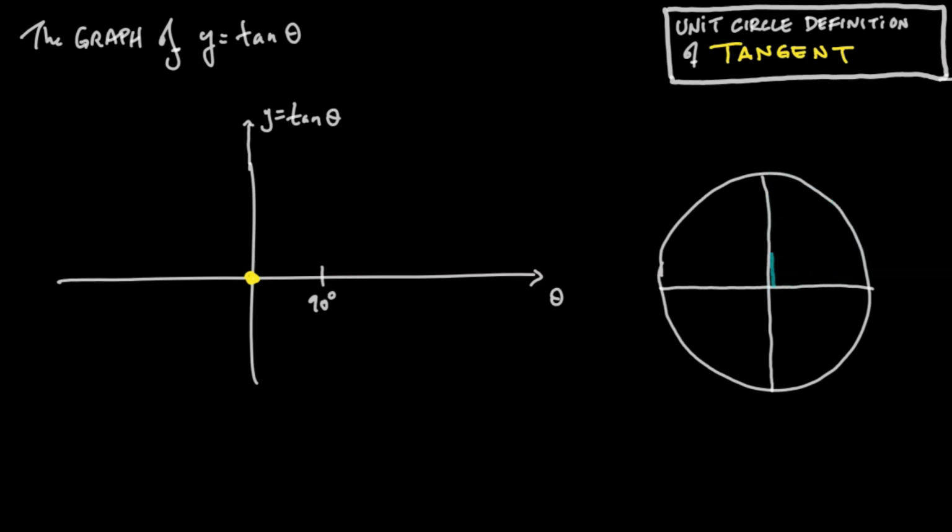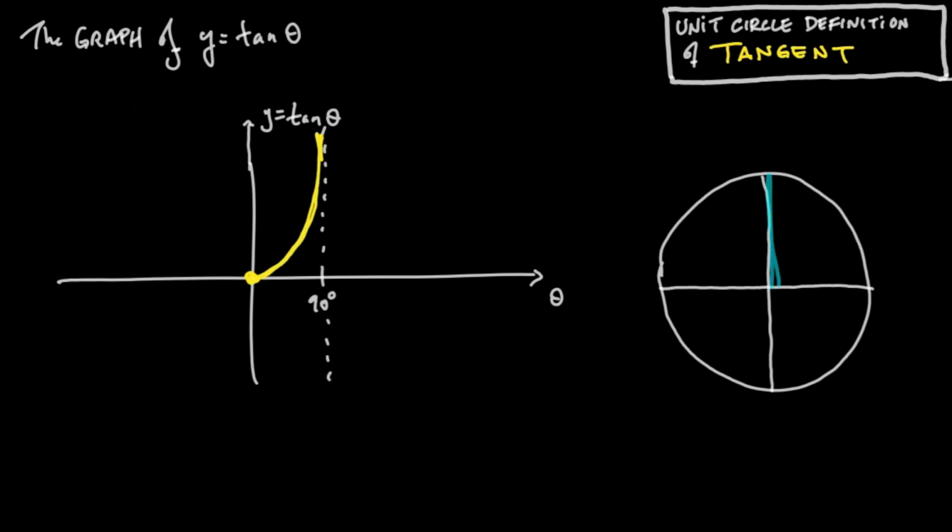When we have a 89.999 degree angle or something like that, then for every 1 unit we run, we have to rise many units to get back on that radius. So the slope approaches infinity as theta approaches 90 degrees. So on my graph, I would have this vertical asymptote, and the graph would take off like this.